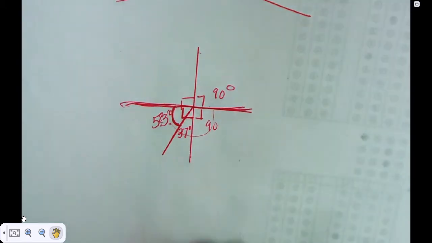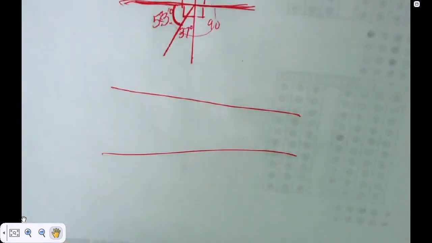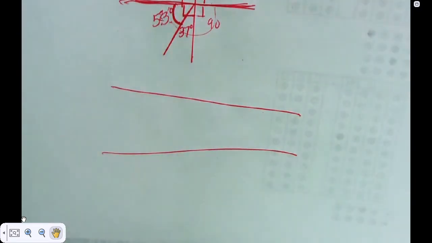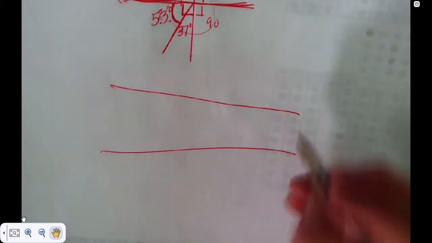All right? Okay, now, what do you know about these two lines? The light's flashing, it'll be okay. These are parallel? No, they're not parallel.